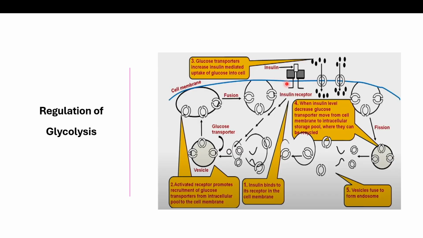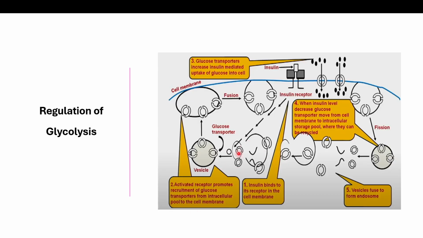First, insulin binds to its receptor in the cell membrane. This activates the receptor and triggers the recruitment of glucose transporter molecules to the cell membrane. The glucose transporters are already present in the cytosol.